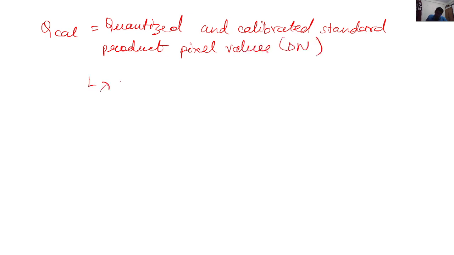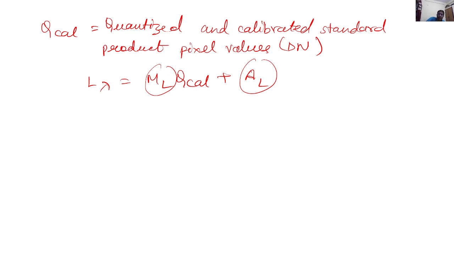So L lambda is equal to ML times QCal plus AL. Another thing we understood is that ML and AL, which are the coefficients, depend on the band numbers, so they vary with respect to the bands.